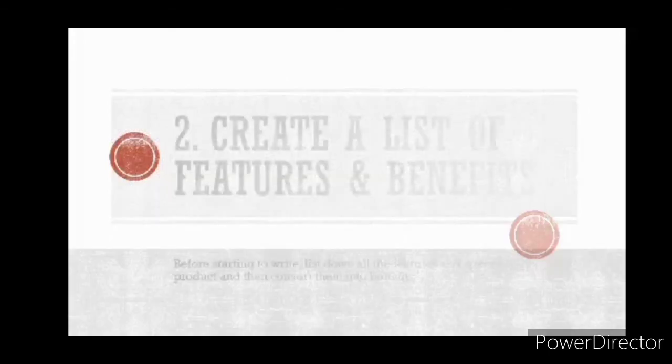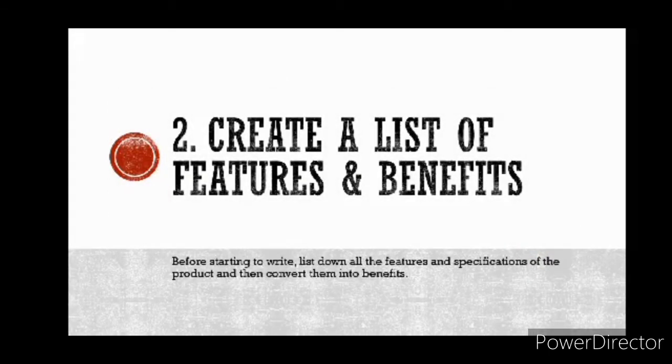Number 2, create a list of features and benefits. Before starting to write, list down all the features and specifications of the product and then convert them into benefits. It is a fact that a feature is about the product, while a benefit is an explanation of what the feature does for the customer.